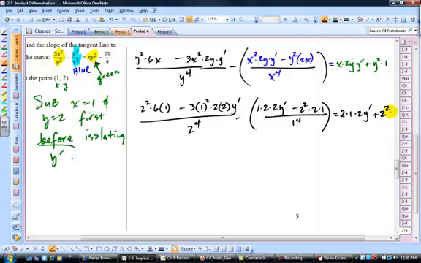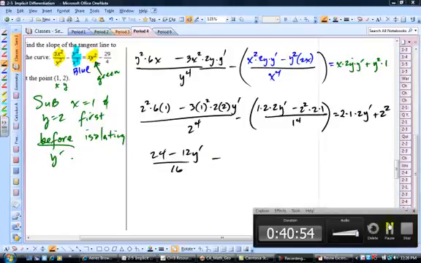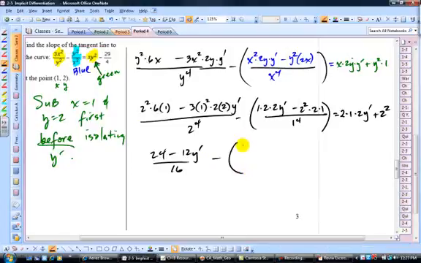And we just simplify. So let's see here, we got 4 times 6 is 24, minus, we got 4 times 3 is 12, so 12y prime, all divided by 16. On the second quantity here, I've got 4 y prime minus, let's say 4 times 2 is 8, divided by 1 to the 4th, which is 1, is equal to 4y prime plus 4.